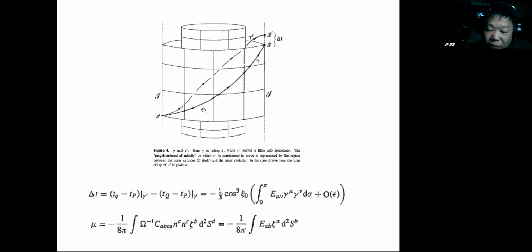Then what Ulga did is to consider two points on the section of the conformal infinity, that means on the two spheres here. Here is a point P, and the other is at the antipodal position. So you consider these two generators. We consider two null geodesics. The first one starts from P and always goes inside the conformal boundary. That means you just consider the null geodesics inside the conformal boundary.